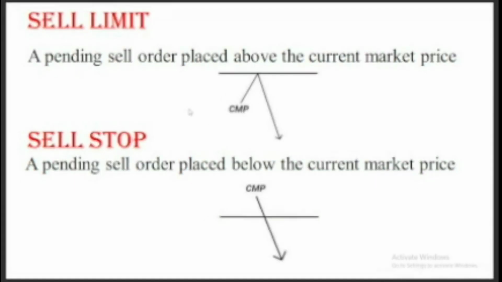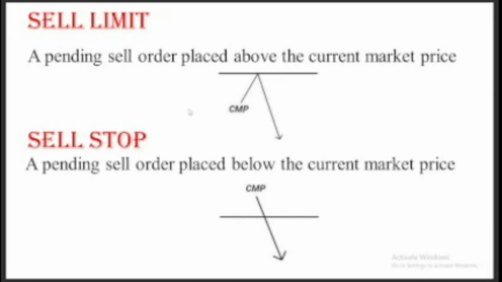A sell limit is a pending sell order placed above the current market price. That is, the current market price is below, so you want to sell high, so you place your sell limit above the current market price at a price that seems more favorable to you.